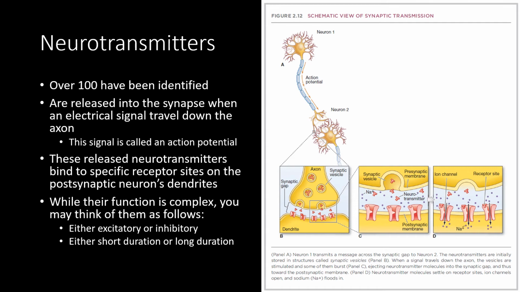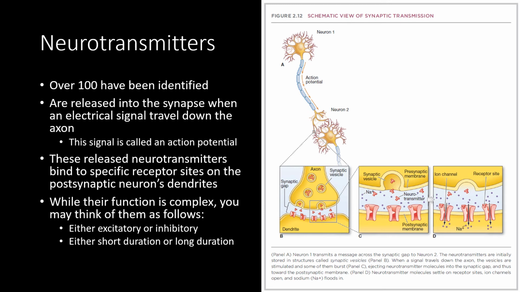When neurotransmitters are released into this space, they don't just stay there forever. Most of them are either absorbed by the postsynaptic membrane, but many of them will then be reabsorbed by the presynaptic membrane. They will be encased once more and then be used again once a specific signal comes down the axon.